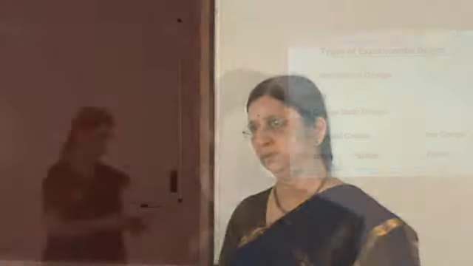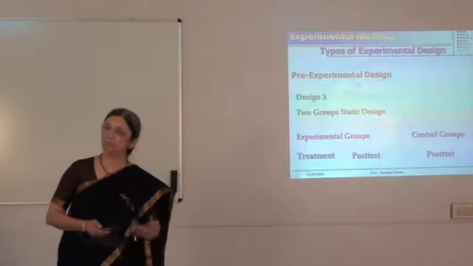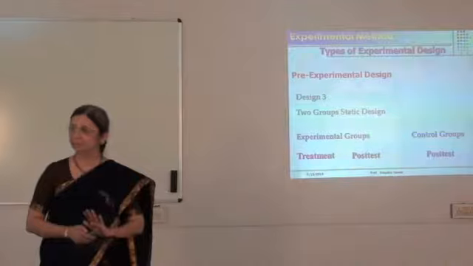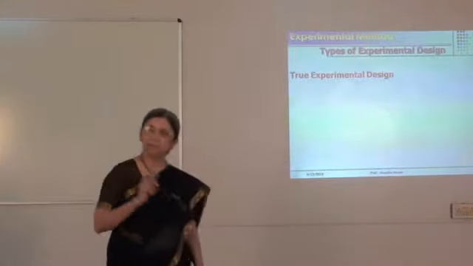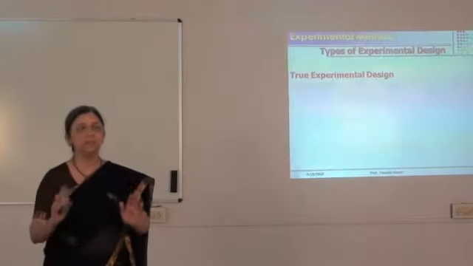But there are situations where you cannot always say that you want to randomly select. You can't do that, because all the time you don't have control on the subject. But in that case, you still have to conduct an experiment. That's why it is called pre-experiment. This is not done randomly. In experiment, it is always randomness which is important.